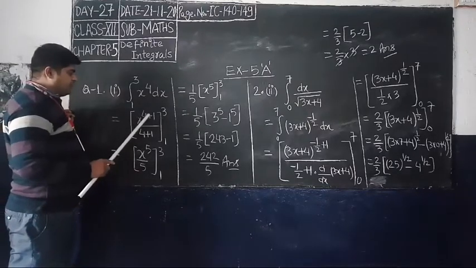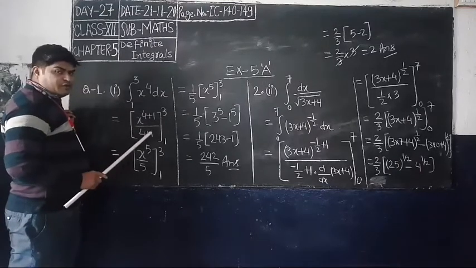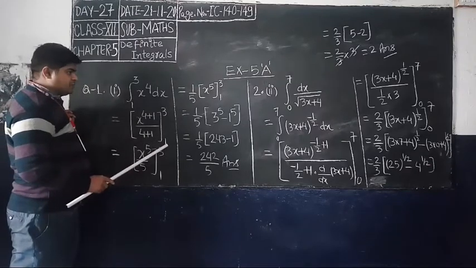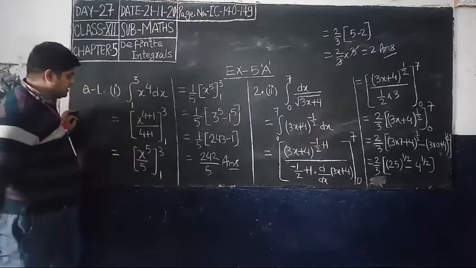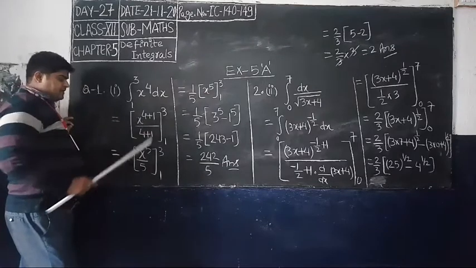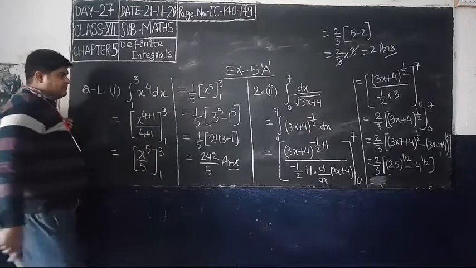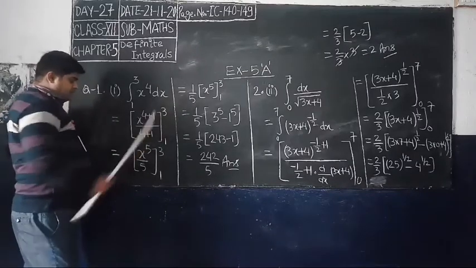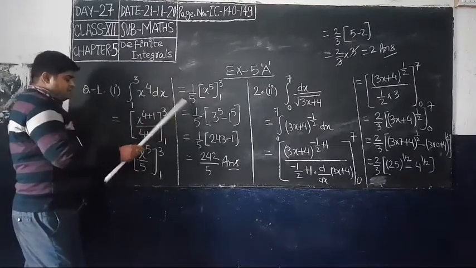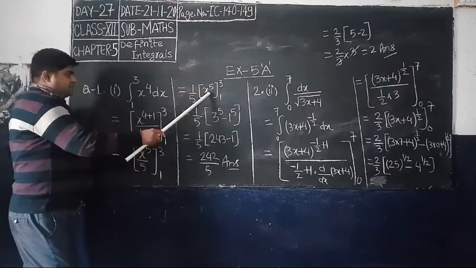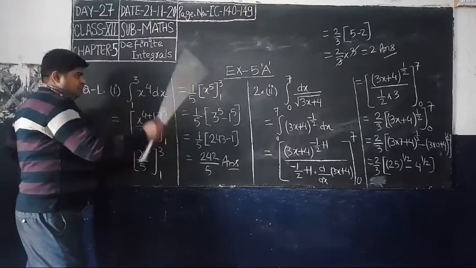So x to the power 4 plus 1 by 4 plus 1, that is x to the power 5 by 5, with limits 1 to 3. One by 5 is a constant, so 1 by 5 x to the power 5 with limits 3 and 1.